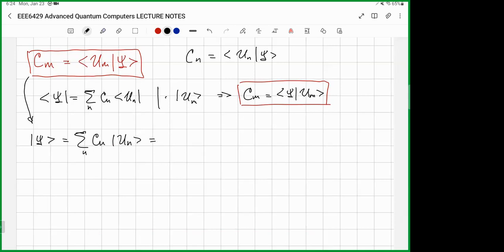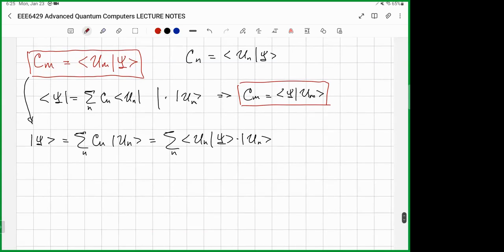So what do we get? We get the sum over n of un, psi times un. So this is vector, this is number. I can of course exchange the order when I multiply them.